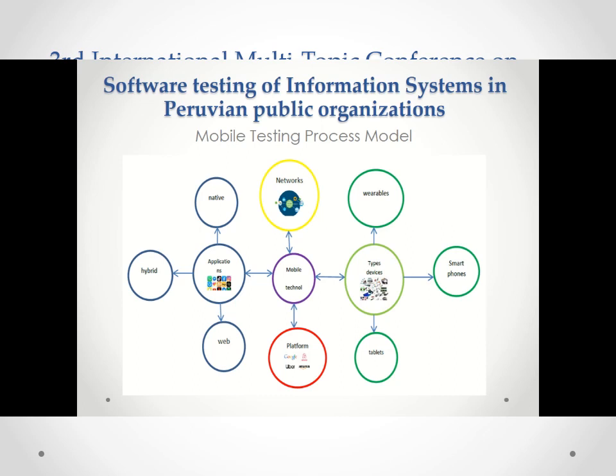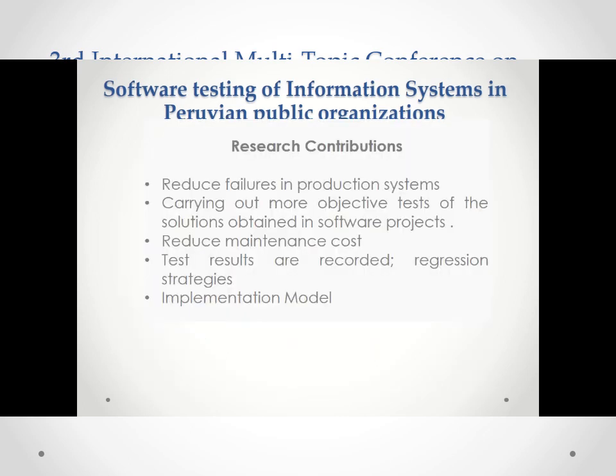Testing interruption by messages, calls, connections, and disconnection of cables. Well, all the situations that could be presented.